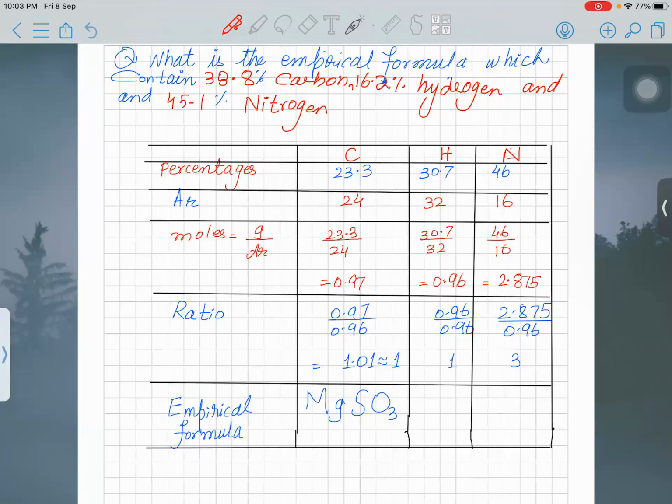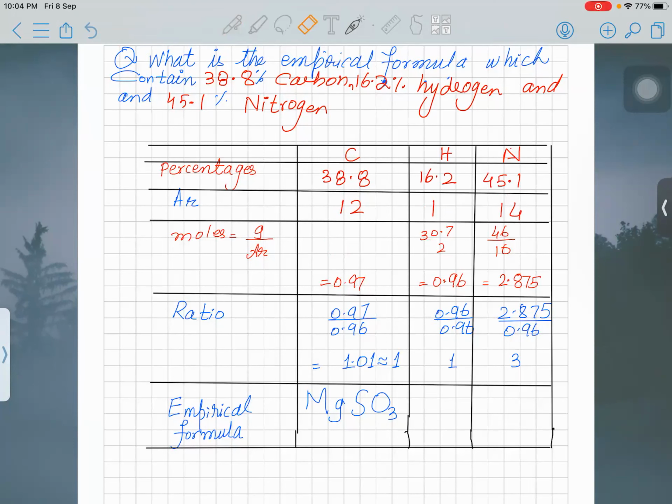Okay. The percentage of carbon is 38.8, hydrogen is 16.2, and nitrogen is 45.1. The atomic mass of carbon is 12, hydrogen is 1, nitrogen is 14.